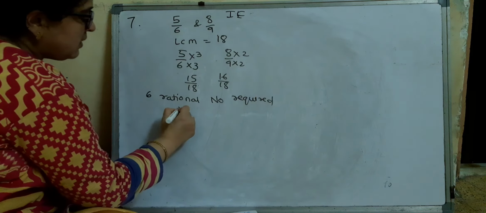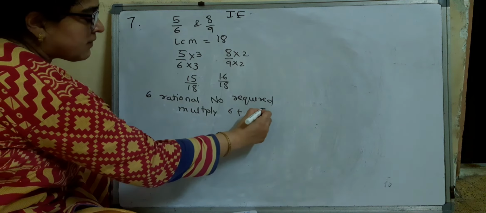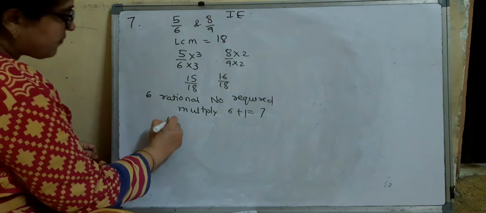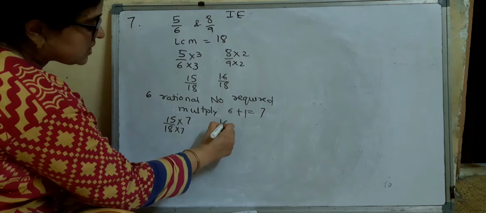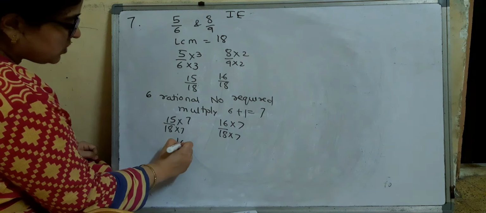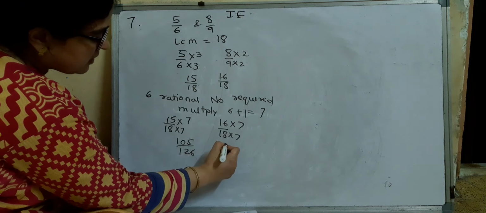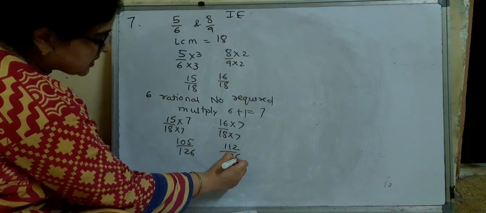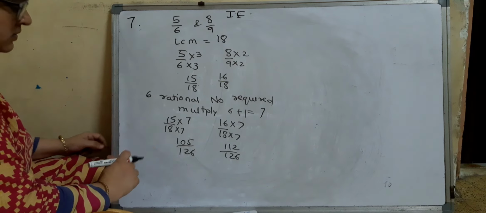So multiply by 6 plus 1, that is 7. Right? So 15 upon 18 multiplied by 7 over 7, and 16 upon 18 multiplied by 7 over 7. So 105 upon 126 and 112 upon 126. Now between these two numbers, 106 to 111 are the rational answers.